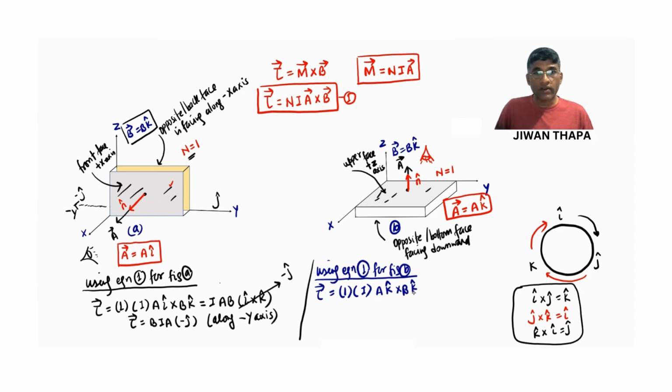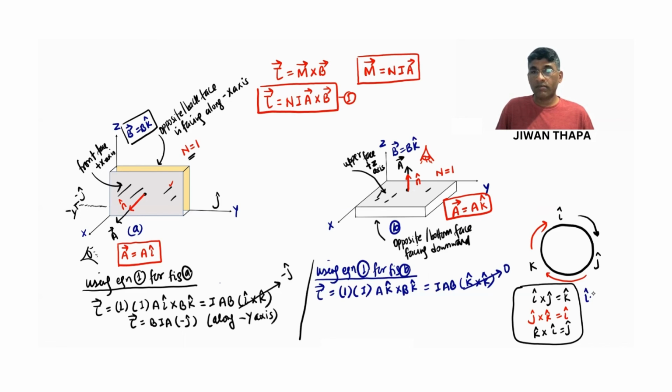We can write I A B, and we have k cap cross k cap.